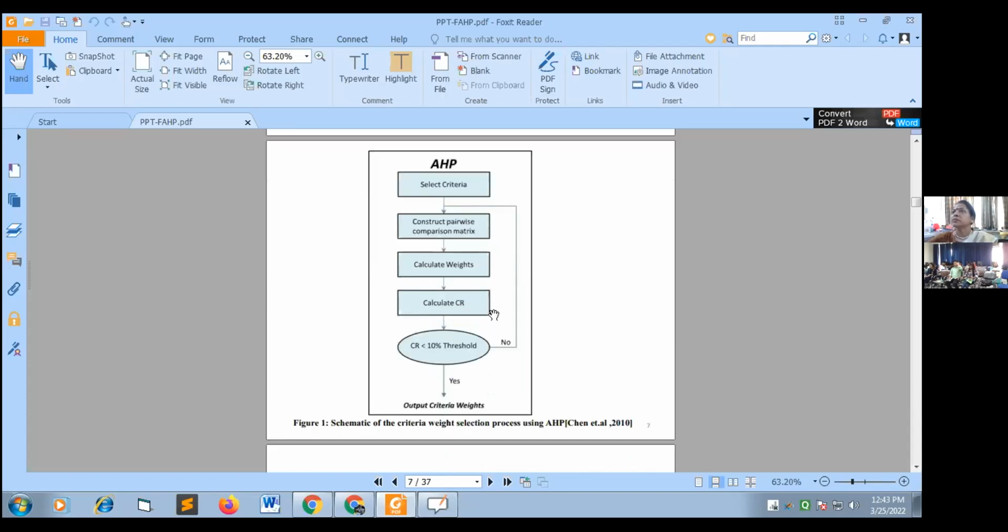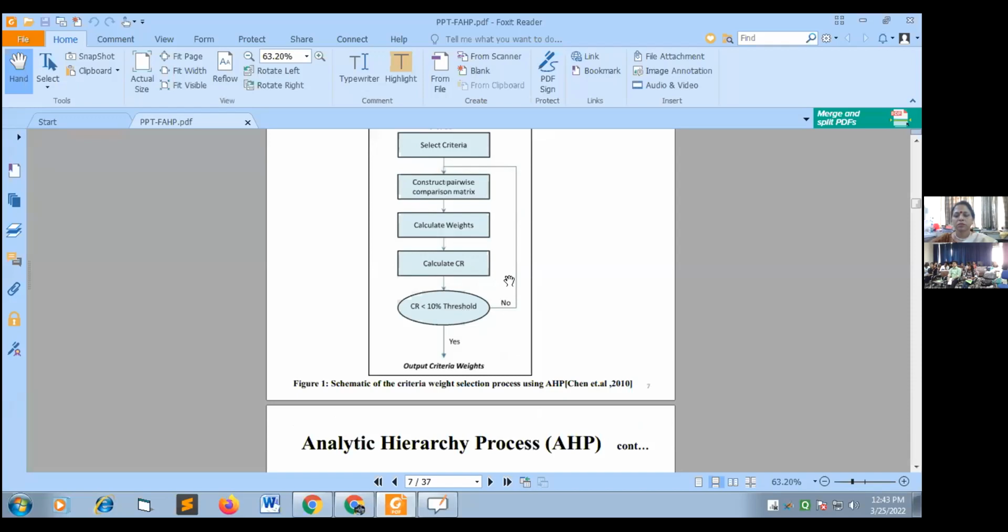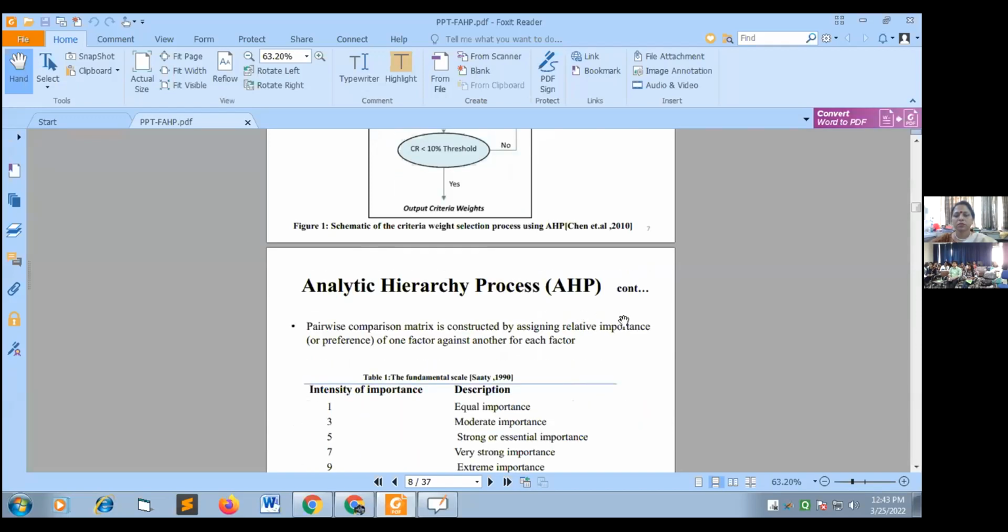If the consistency ratio CR is less than the 10% threshold given by Saaty, then it means we have selected the right priority. If it is not, we have to change the criteria priority, and then solve it again. So that is the analytic hierarchy process.